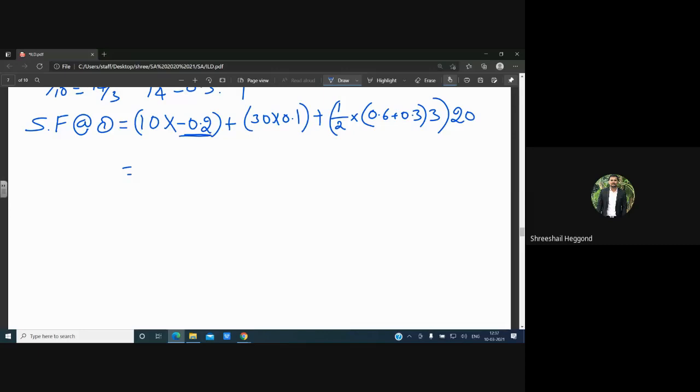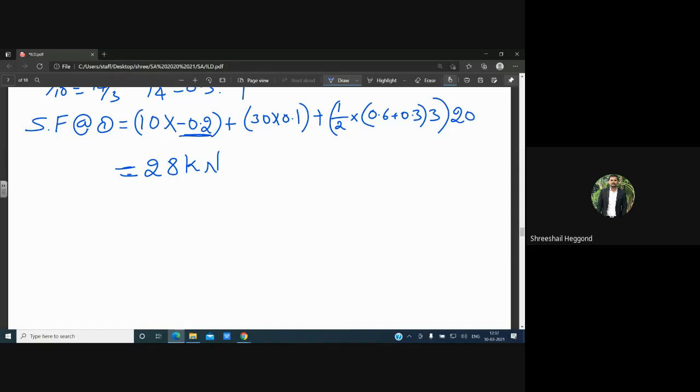You are getting 14 because we are adding the first term also, which is negative; that needs to be deducted. It will be 28 kilonewton. Therefore, the shear force at D point will be 28 kilonewton.